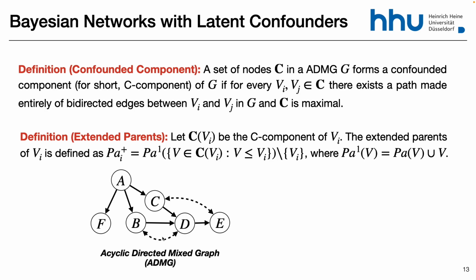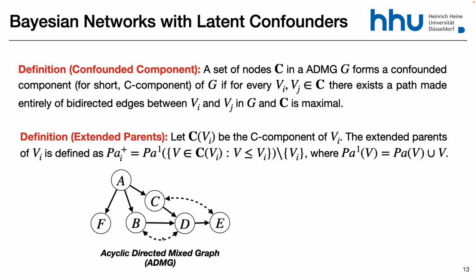It's just a set of variables that are connected with a path of bidirected edges. So it could be longer, right? C and E, and B and D? Yes. Okay.